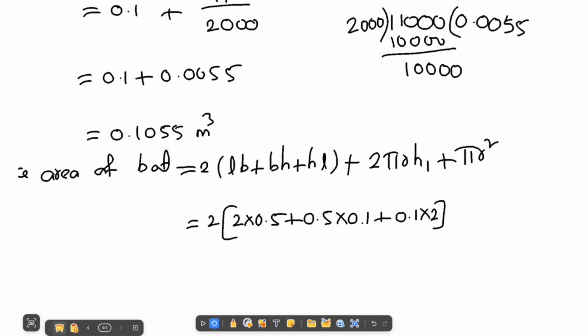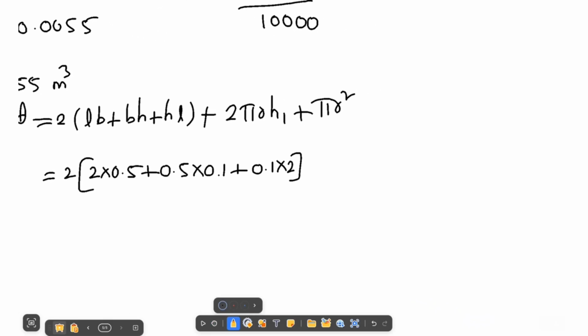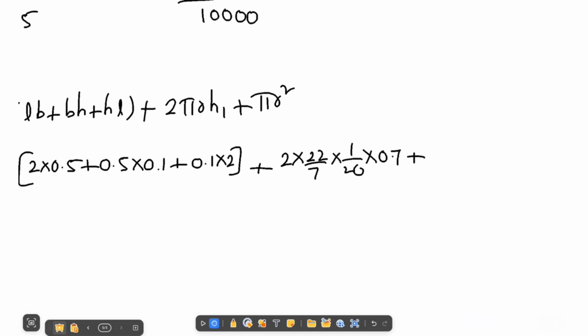Next here, plus 2 pi r h, 2 into pi value 22 by 7, radius is already 1 by 20, h1 is 0.7, plus pi r square. What is pi r square? 22 by 7, r square, radius 1 by 20 into 1 by 20.